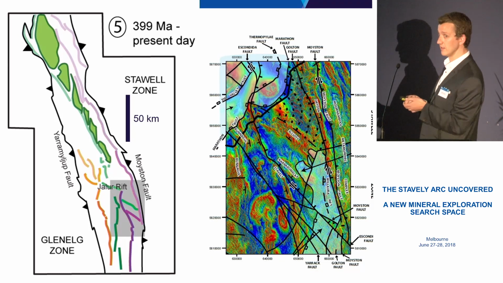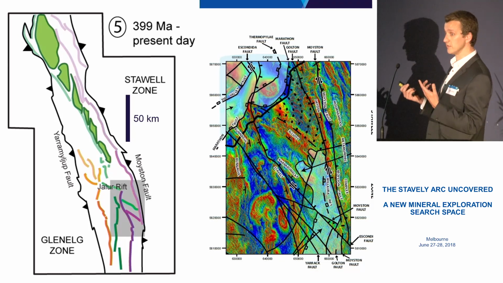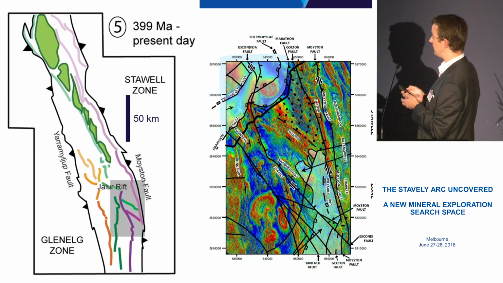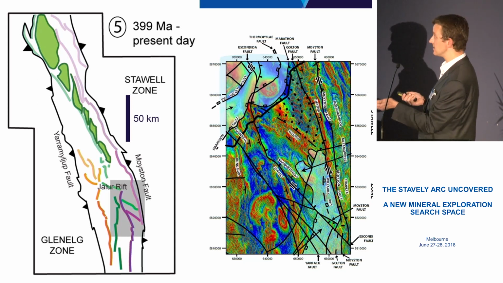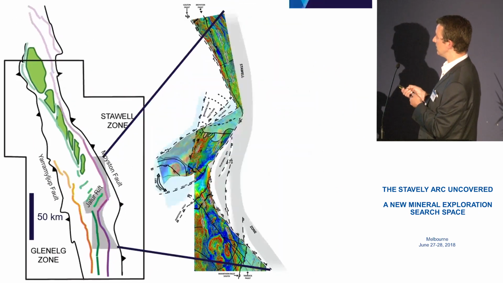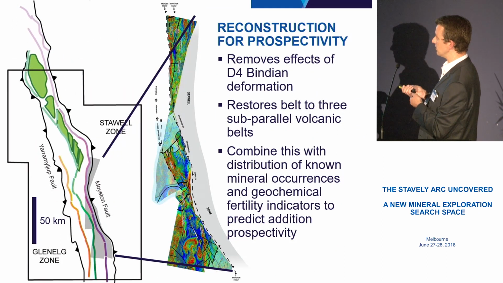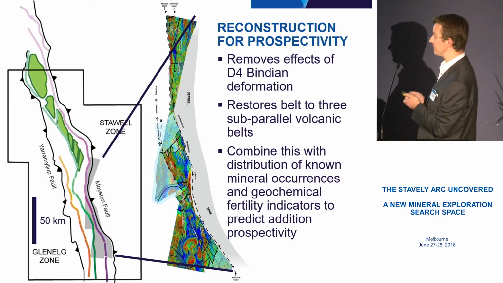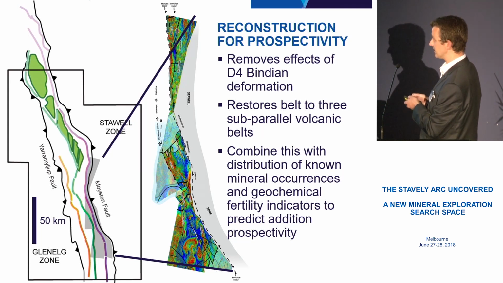And if we look at the retro-deformational cartoons that Russ and Phil have shown, if we just step back from the early Devonian into what the arrangement would have looked like pre that Bindian deformation, we restore the belts nicely into 4 nicely behaved slices of arc, which obviously have mineralised potential in the exposed portions. Now we know that they're correlated geochemically.